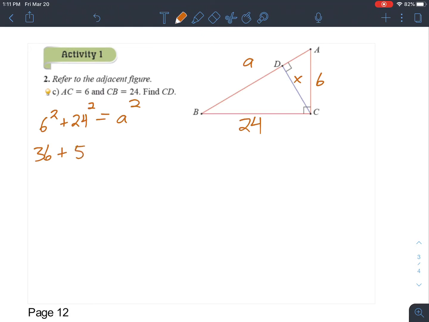Yep. So we're going to get 612. Then we need to take the square root of both of those.